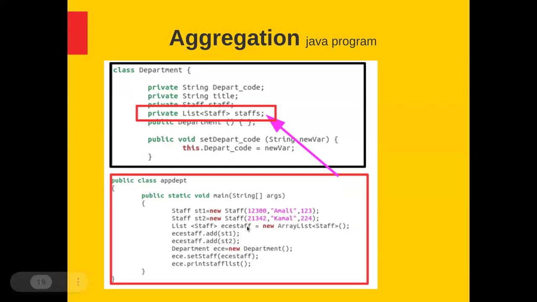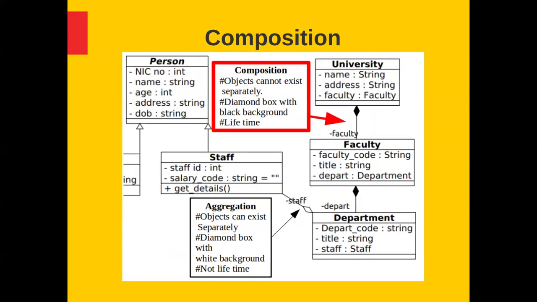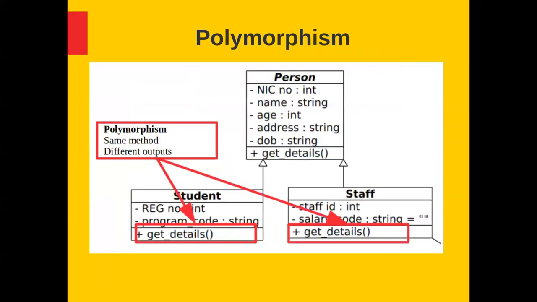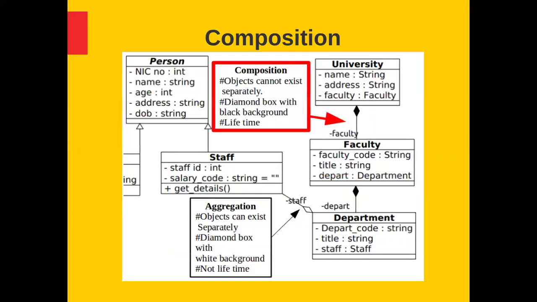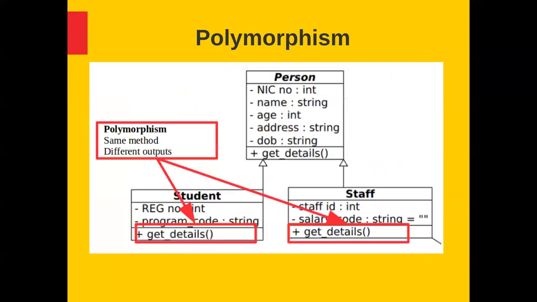Now it is created as a list. Then you have to remember only the aggregation and relationships. Composition. Yes, I have explained composition also.